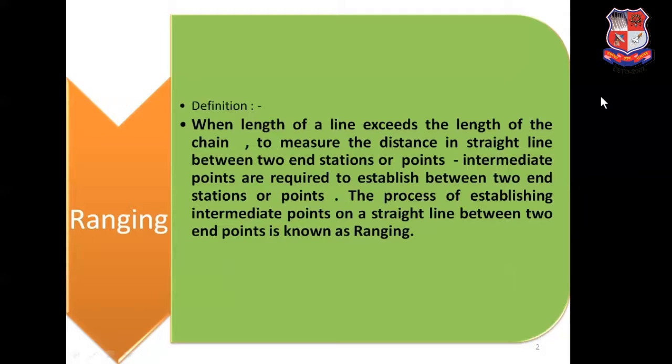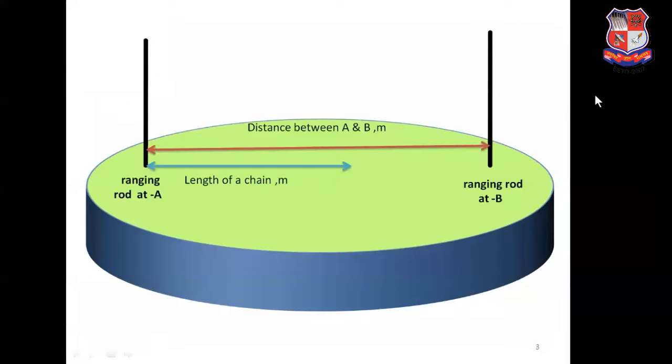The process of establishing intermediate points on a straight line between the two end stations or points is known as the ranging process.